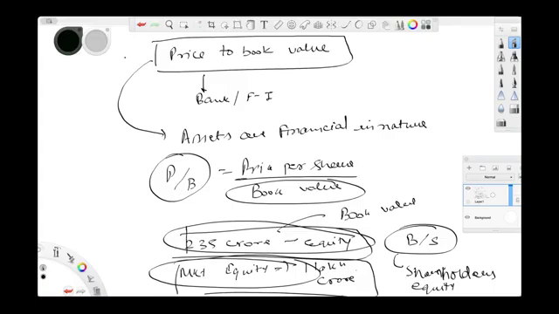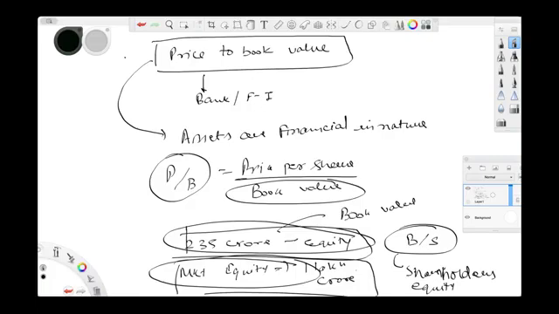For banks the assets are financial in nature, so we want to see the book value of their equity. Whatever the value of that equity is, that is the actual value of the bank as well, because there is not much difference in the case of a bank. The assets will be very close to the market value as well.